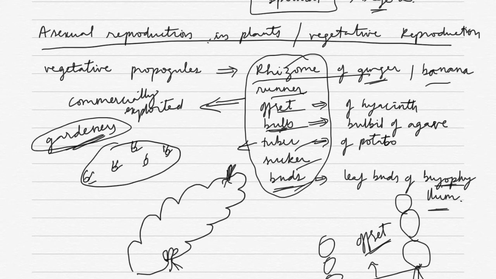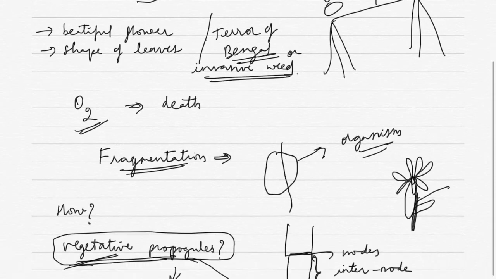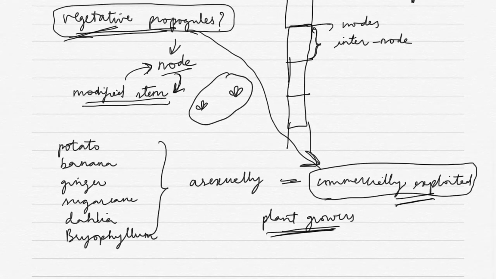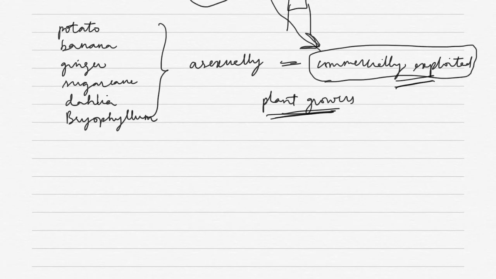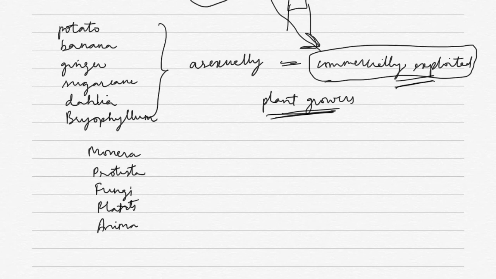Knowing the plants that reproduce asexually and the part of the plant body having the capacity to give rise to a whole new plant, that is the vegetative propagules, becomes very important because questions can be asked on it. We will be writing the W.H. Whittaker's classification again, which we have studied in the second chapter of 11th. We have Monera, Protista, fungi, plantae, animalia or animals.